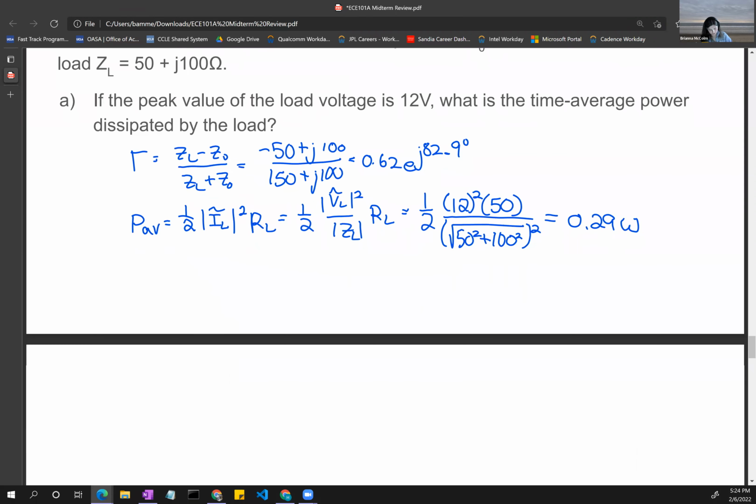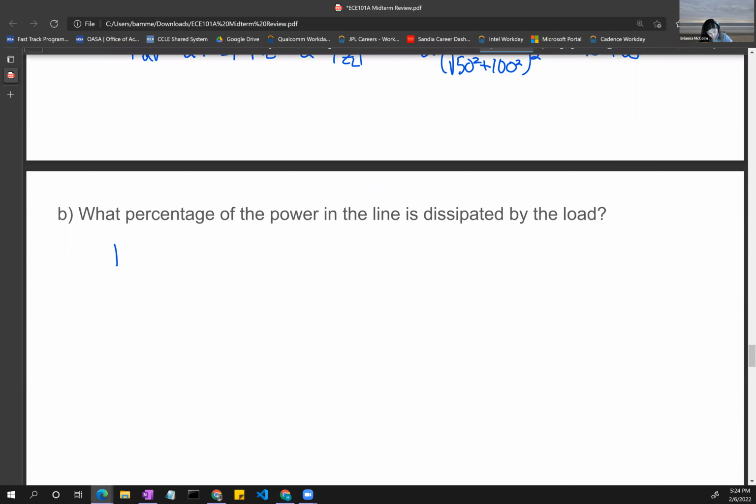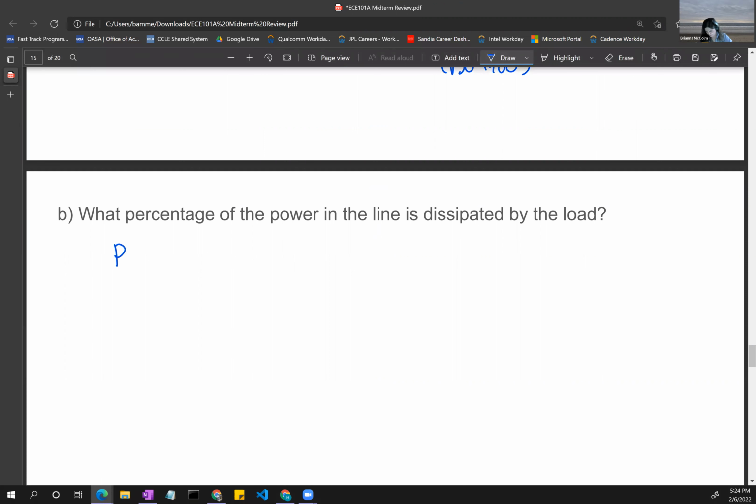So then we'll go on to the next part of the problem, which is what percentage of the power in the line is dissipated by the load. For that, we can look at the overall power reflected equation.